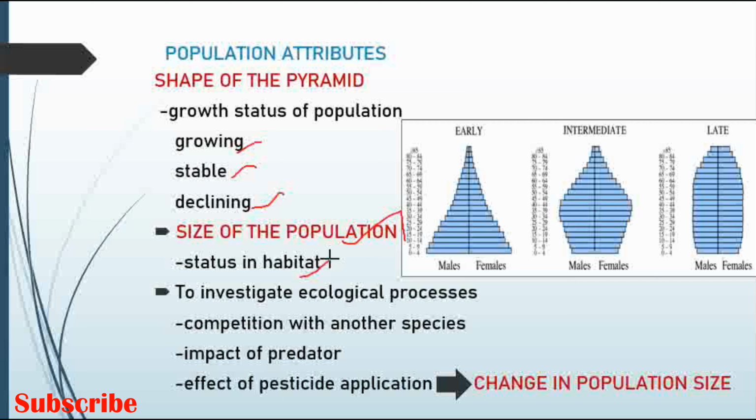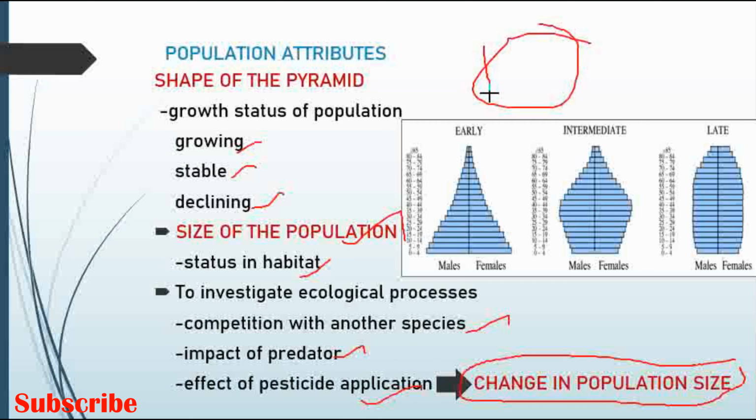Now if we want to investigate a certain ecological process, we can estimate it from the change in population size. The ecological processes can be competition with another species, impact of a predator, effect of pesticide application. Say there are many plant varieties in a population.